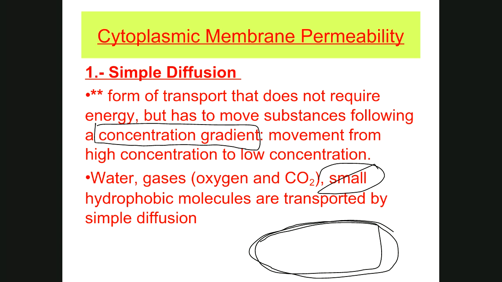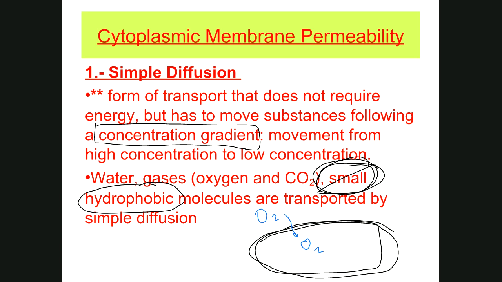So if it is small, just because it's small, its chances of going through are pretty good. So something like oxygen, it's very small, and it should be able to go through the cell membrane following a concentration gradient, movement by diffusion.